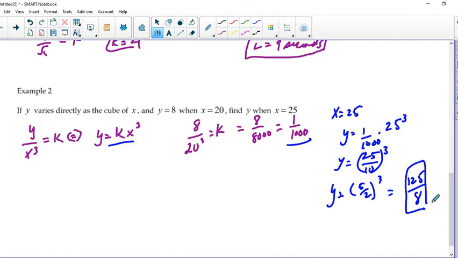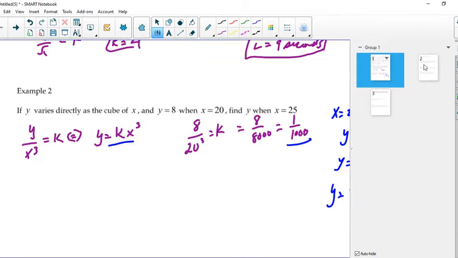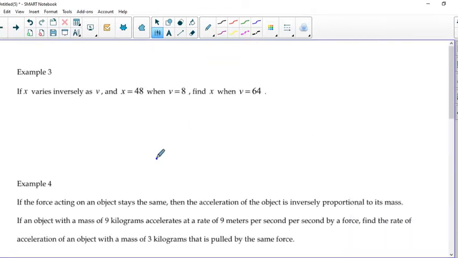Notice in this problem, y went from 8 to 125 over 8, and x went from 20 to 25. They both increased by a direct proportion. Okay, excellent. I love these problems. I love a good word problem, right? Who doesn't? And I know that the answer is everybody does.